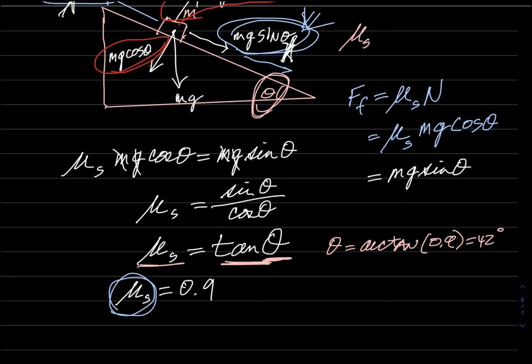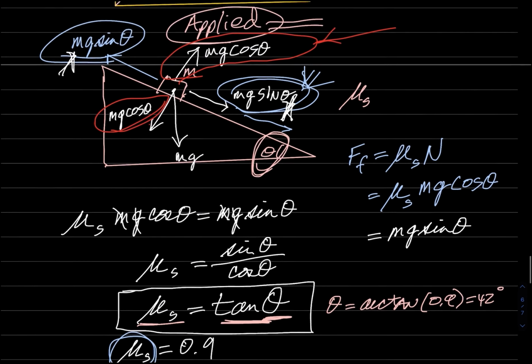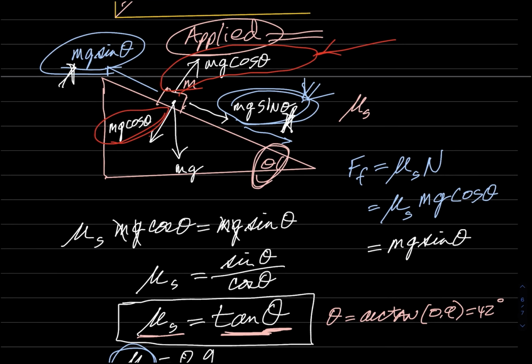Now, if you were really paying attention, this might bother you just a teeny bit, because you'd say, really, is this as high as it can get? How do we know in this situation friction is giving everything it can possibly give? Well, it's because we said that for our analysis, the friction force would be the coefficient of static friction times the normal force.